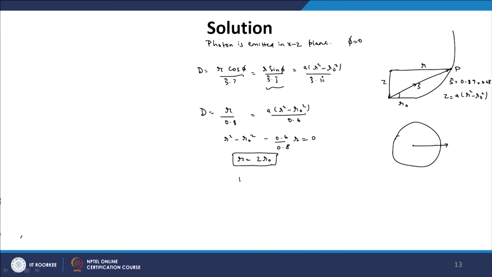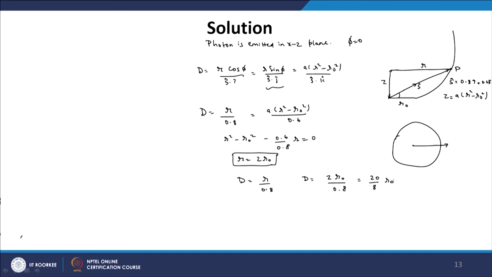Now, we can solve d is equal to r upon 0.8, and we get the distance travelled by the photon before it hits the surface as r upon 0.8. So, 2 times r naught by 0.8, or this will be equal to 20 by 8 r naught. Okay. So, we have calculated the distance travelled by the photon before it hits the surface.